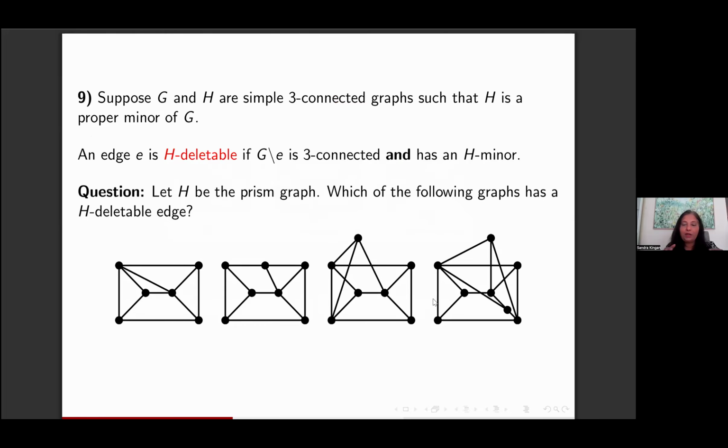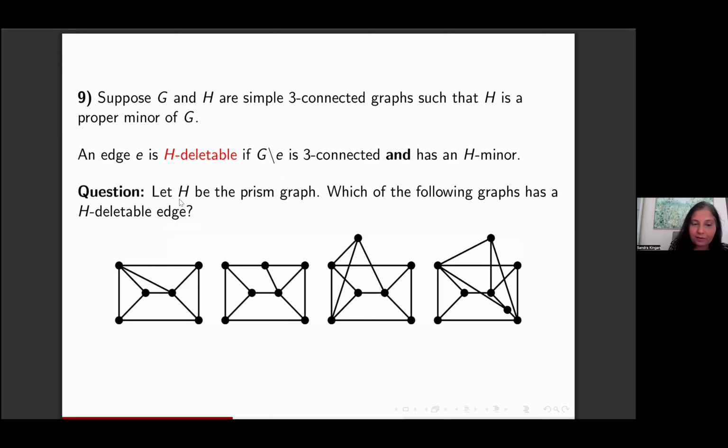So we're doing something analogous to minimally 3-connected, but preserving the H minor. Suppose G and H are simple 3-connected graphs such that H is a proper minor of G. An edge E is H-deletable if G delete E is 3-connected and has an H minor.